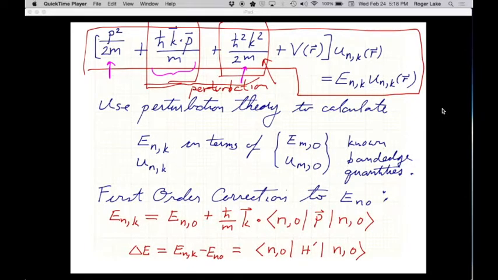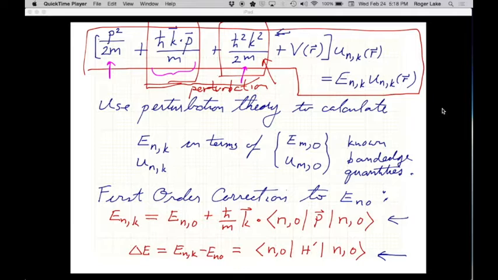using this usual formula, this is sort of what you learn in EE208 or in physics for first order perturbation theory, delta E of the energy. So that's all we did here, just taking the first order term, everything first order in k. So to first order, you ignore the k squared term, and you just look at the k dot p term.